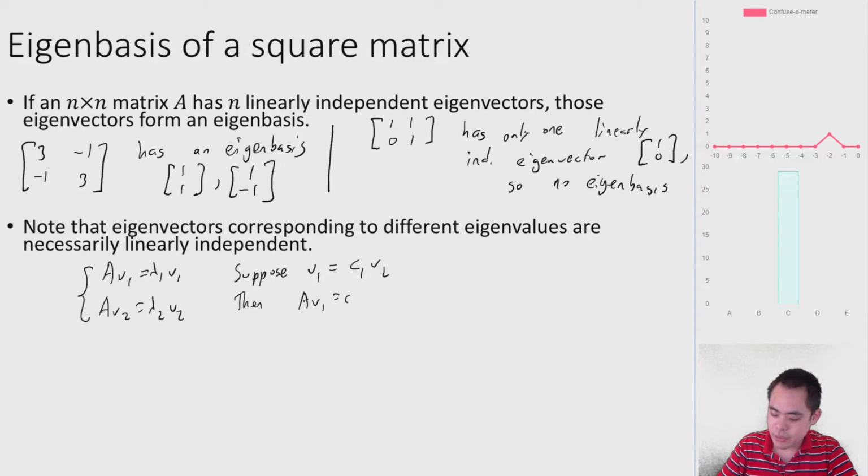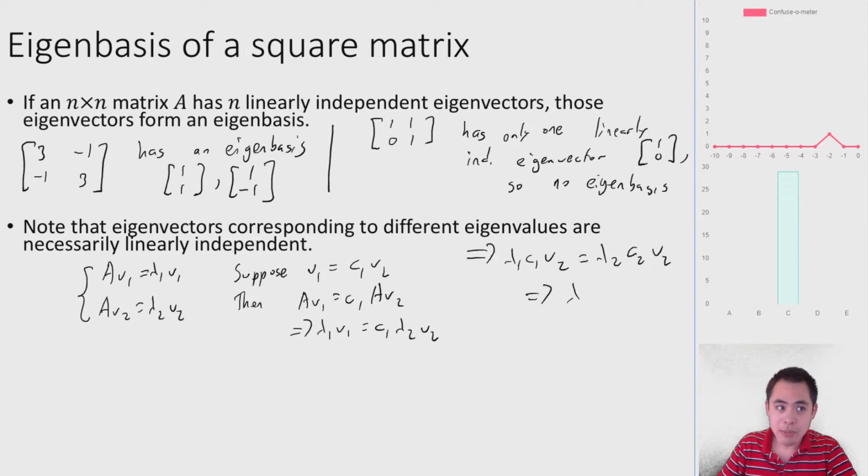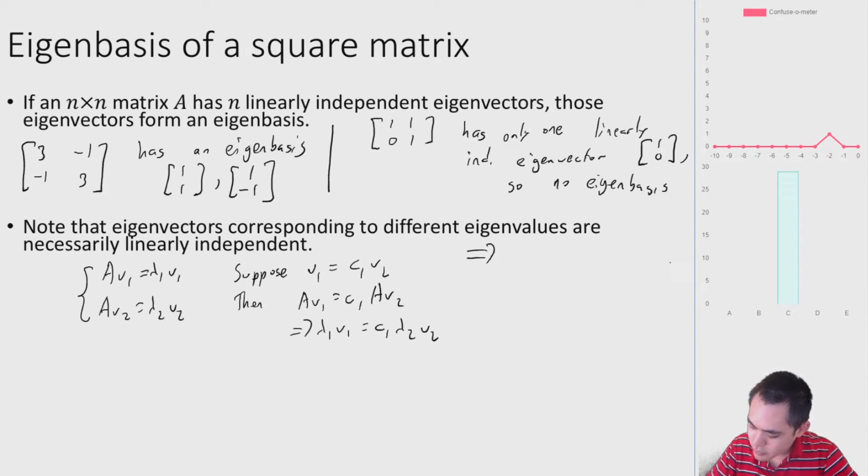Then AV1 is equal to C1 AV2, just multiplying both sides by A. When we multiply that out, you get lambda 1 V1 is equal to C1 lambda 2 V2.